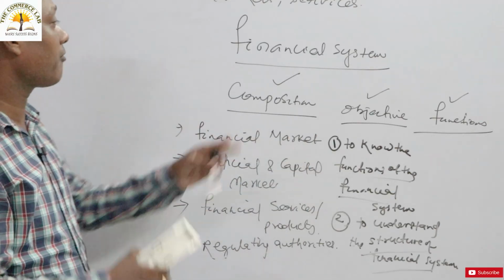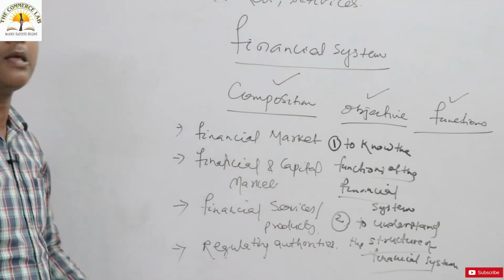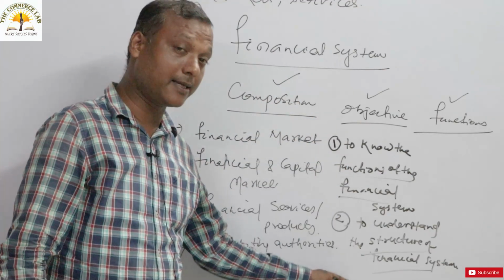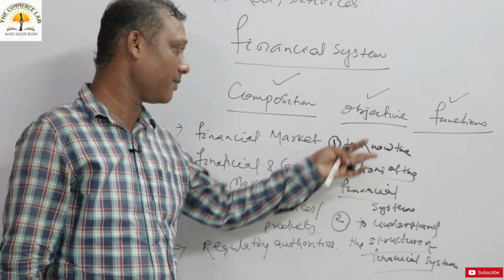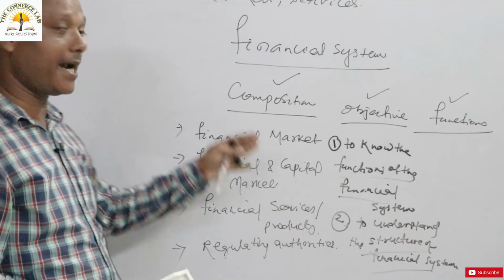So we have discussed what is the financial system. We discussed the composition of the financial system. We discussed the objectives of the financial system. Now in the last part we will discuss the functions of the financial system. So let me write about that.